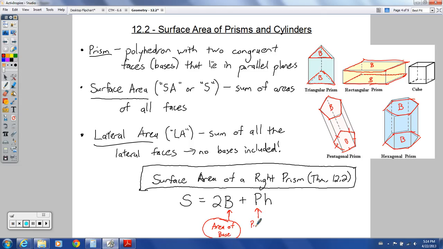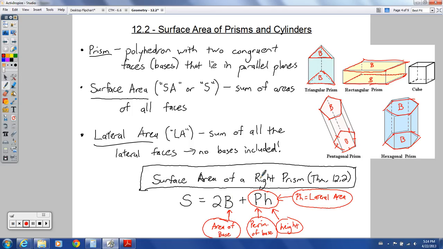This stands for the perimeter of the base. And then right here, the H stands for the height. And then this pH part, this whole thing together, pH is going to equal the lateral area, because it's taking the bases and getting rid of those. This is just a lateral area part.